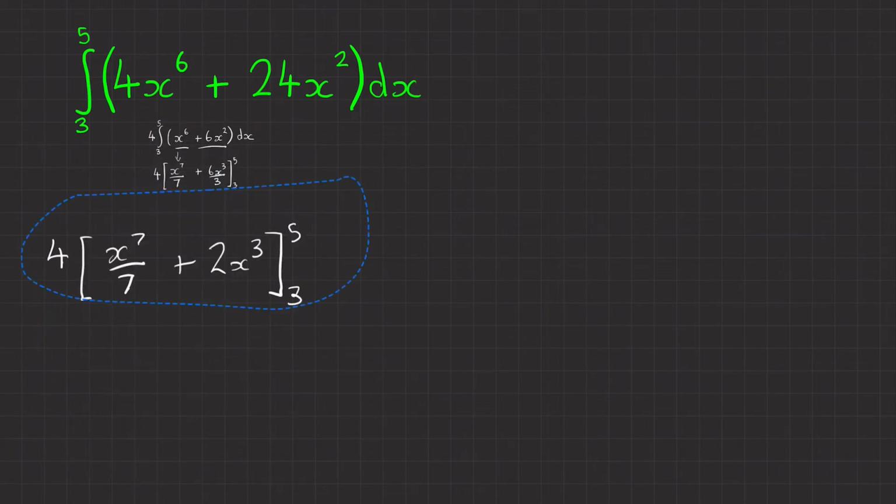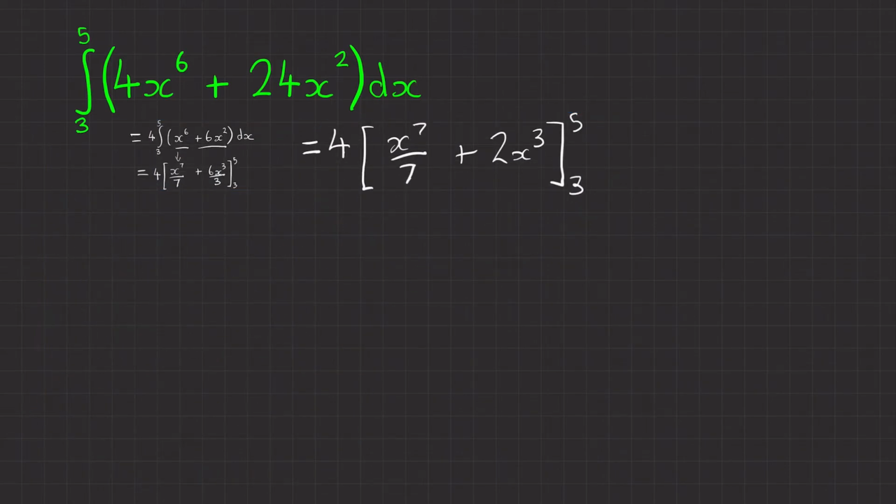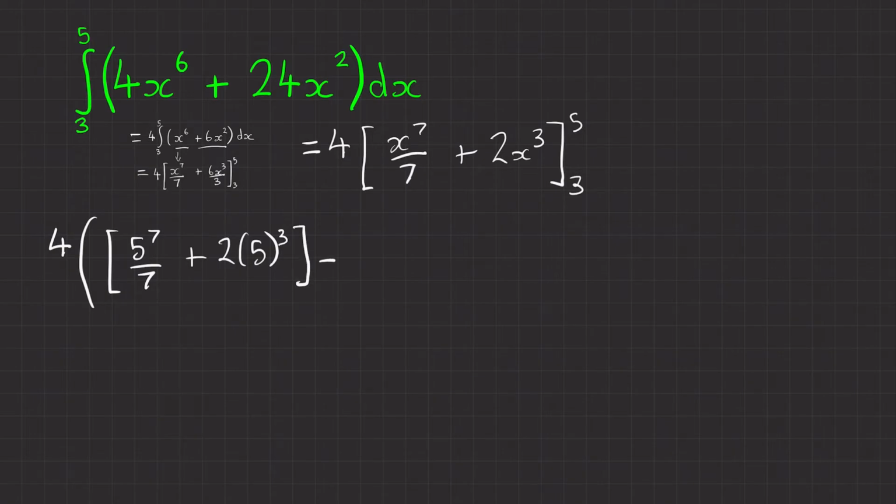I'm just going to move all this. So now we need to substitute in those points. So we'll have 4 lots of 5 to the 7 over 7 plus 2 lots of 5 cubed, minus 3 to the 7 over 7 plus 2 lots of 3 cubed.